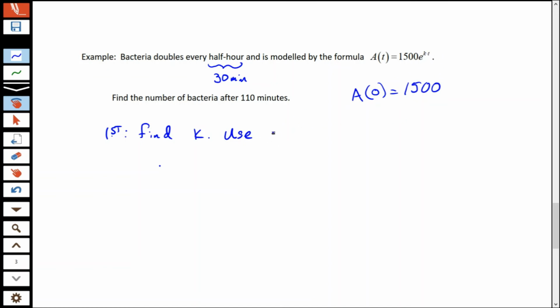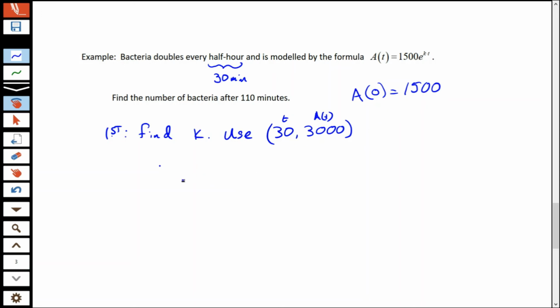Okay. So we're going to use that after 30 minutes, the population has doubled to 3,000. I'm using this initial condition, this point for our t and our A of t, to solve for k.